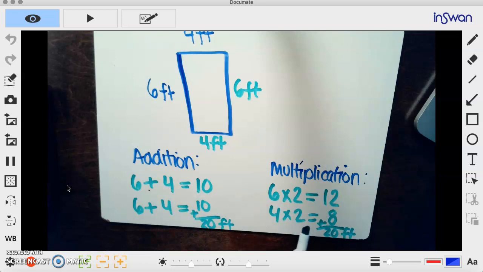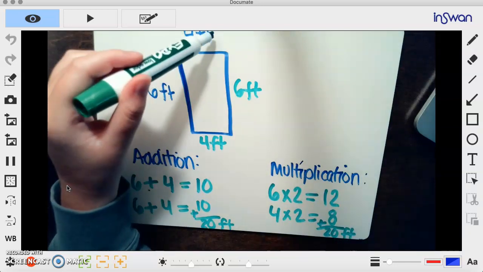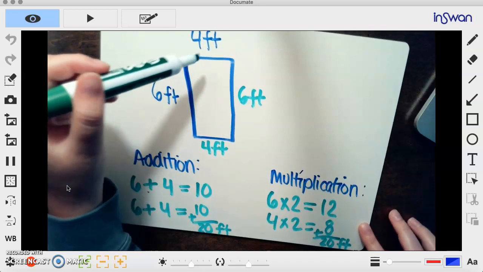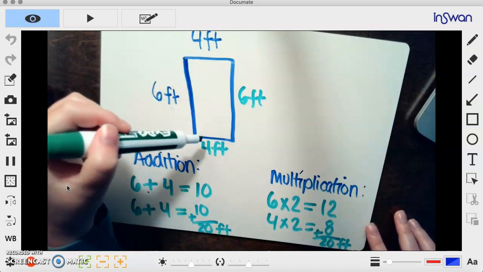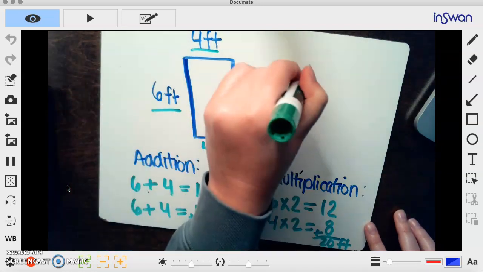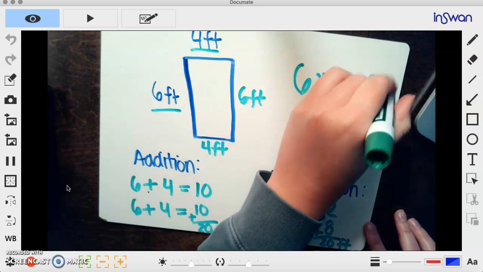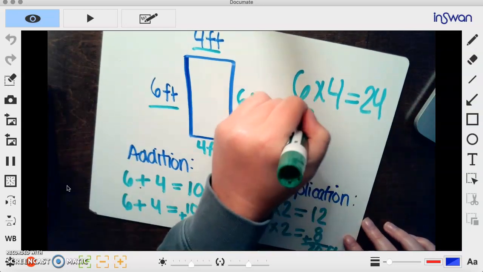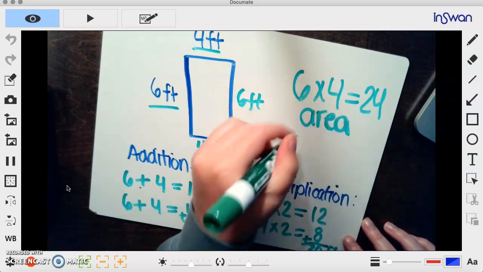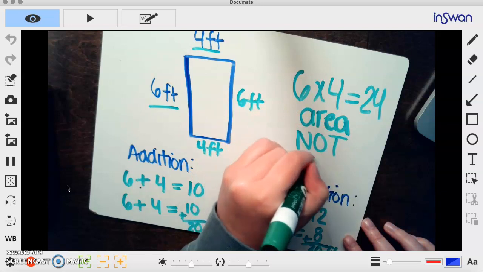It's important to know that when you're multiplying one of the sides by how many sides also have that same length. If I wanted to do multiplication and I did 6 times 4 and I got 24, this is giving me the area, not perimeter.